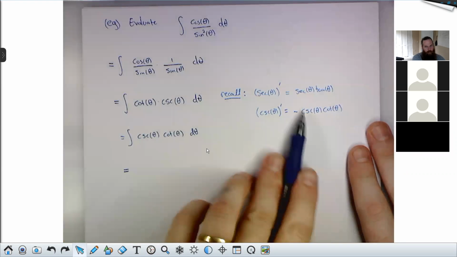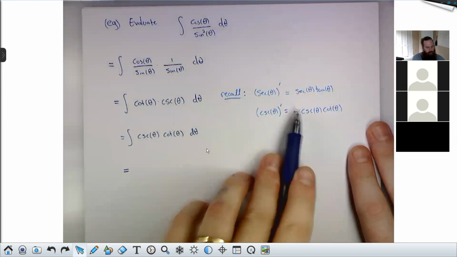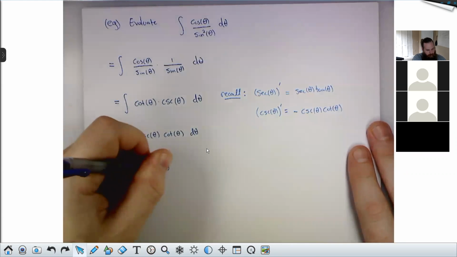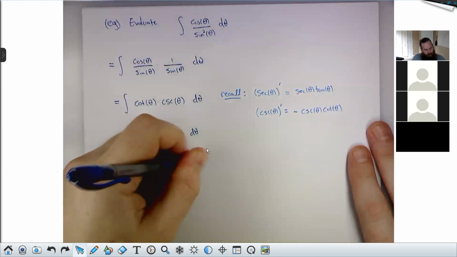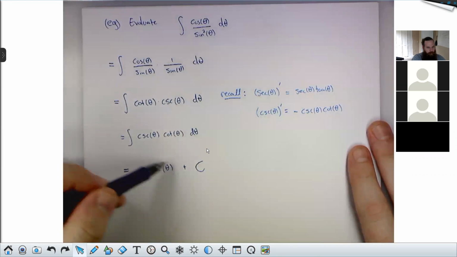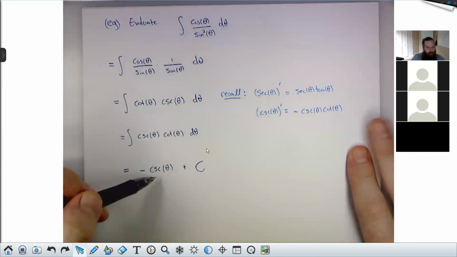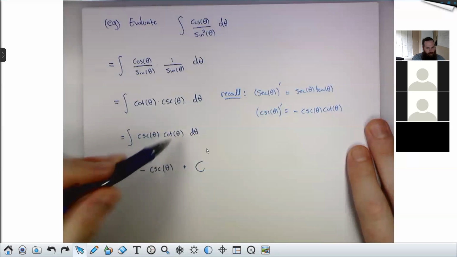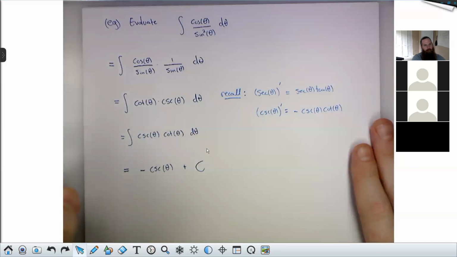I want the positive version of this. So the thing I need to differentiate is negative cosecant theta in order to get cosecant cotangent. The derivative of regular cosecant is negative cosecant cotangent. So the derivative of negative cosecant is positive cosecant cotangent. And that's what I need.